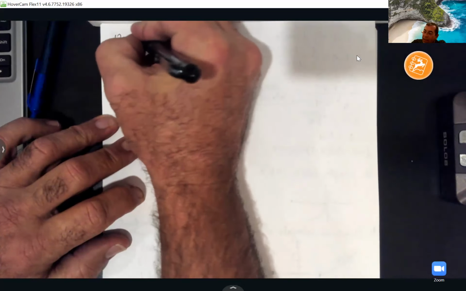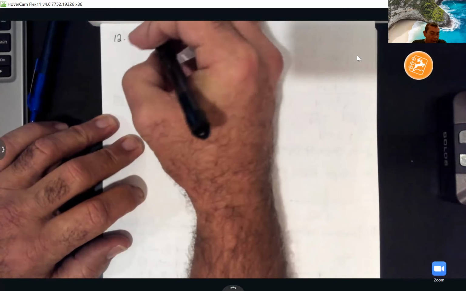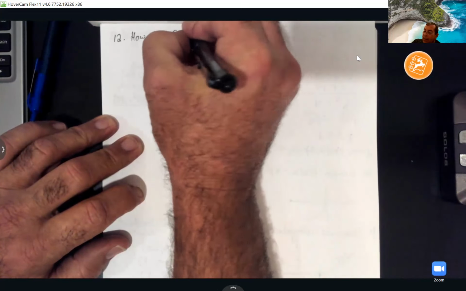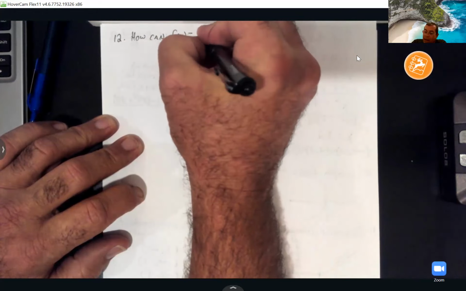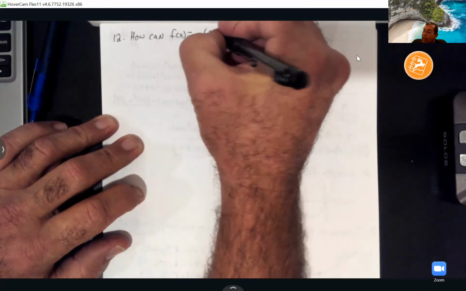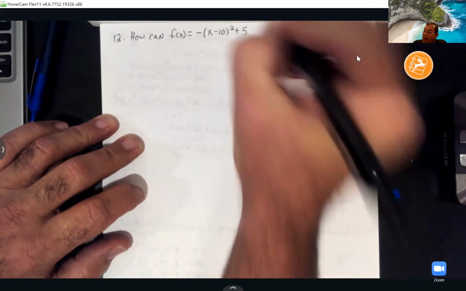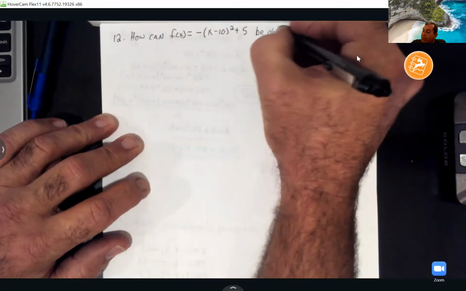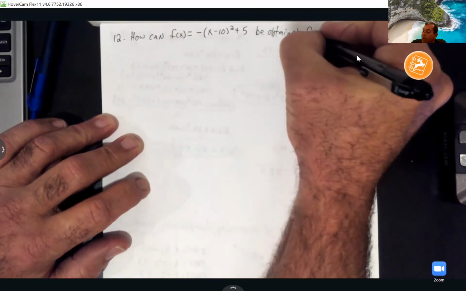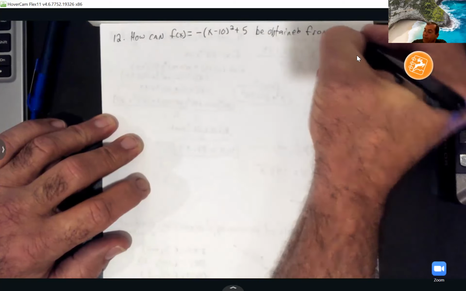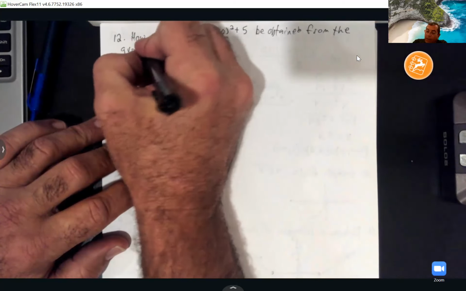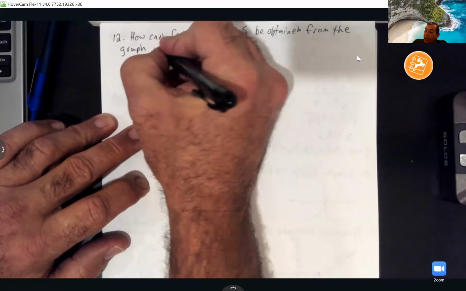All righty. So this is one where we had to do the translations, moving up and down, left and right, and all that. They want to know how can f of x equals negative times x minus 10 squared plus 5 be obtained from the graph of y equals x squared.